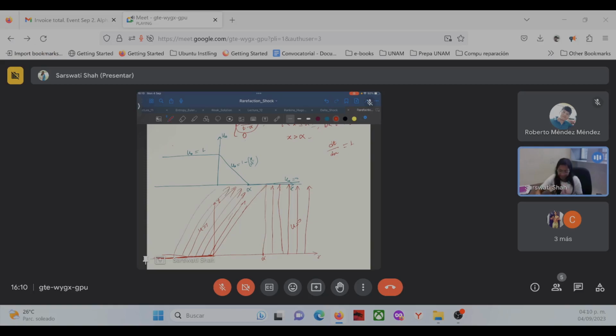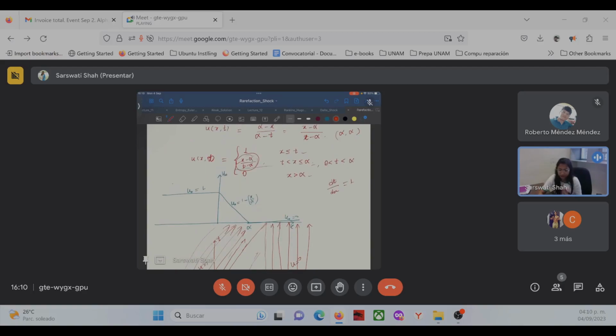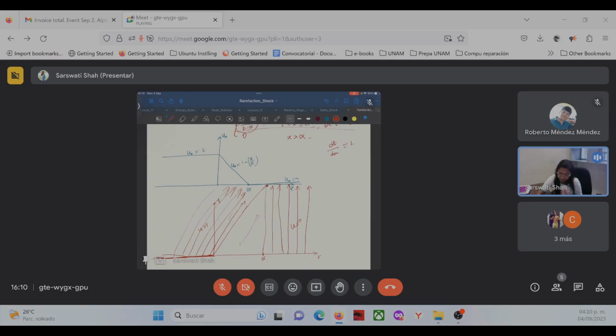Now the middle region is nothing but this solution. This point is where they meet, that is alpha comma alpha. And this is the graph of u equals x minus alpha over t minus alpha.